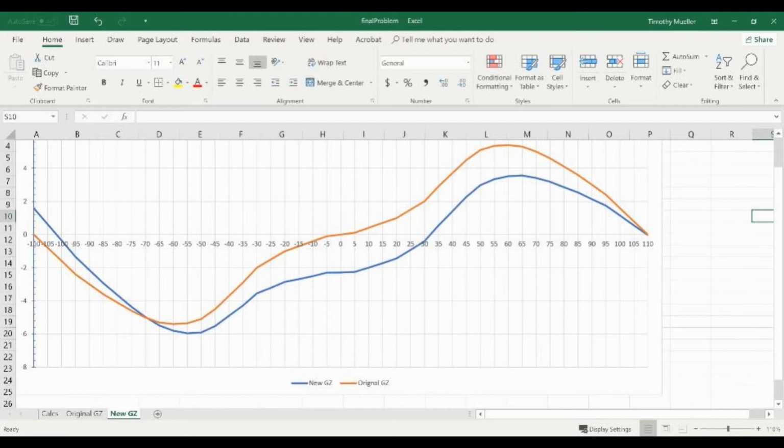No matter where we are in this entire range, that's about 130 degrees, it's always going to try and push us negative, so that's clockwise. And only when it gets past 103 or so, only then is it going to give us these positive values, which is going to be counterclockwise.